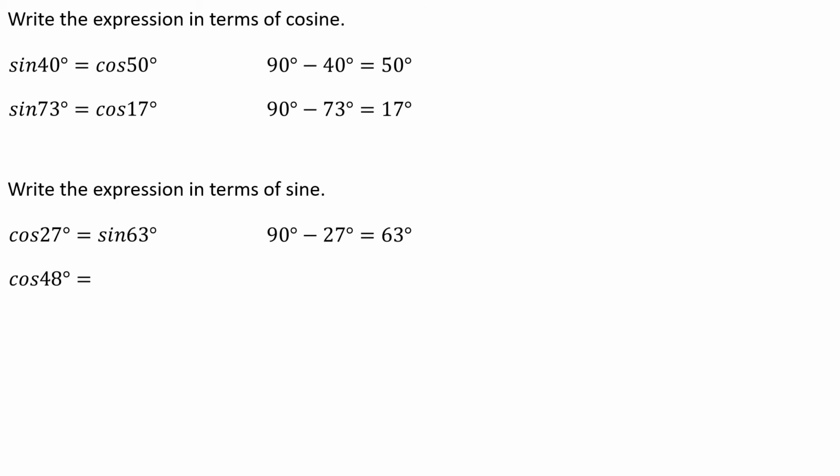If we start with cosine of 48 degrees, that will be the same as the sine of 42 degrees. Some of you might say, oh yeah, 48 plus 42 adds up to 90. Or you might grab a calculator, do 90 take away 48. Oh, hey, 42 left over.